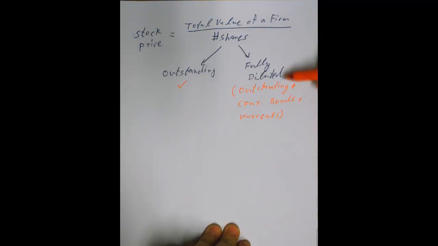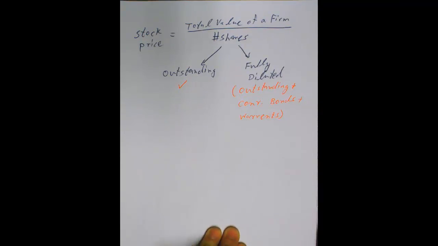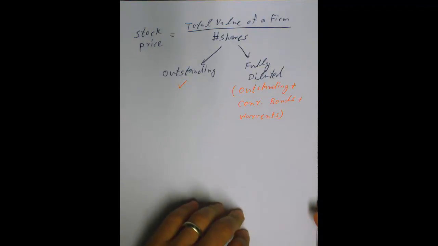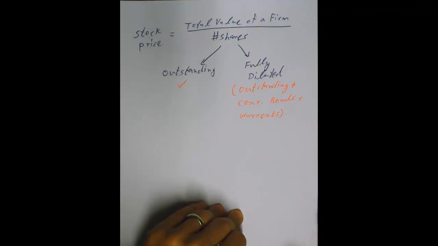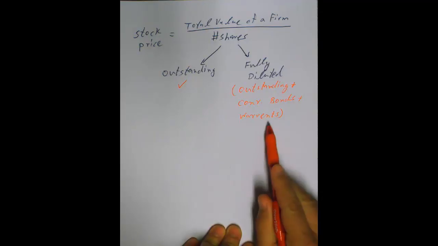Number of shares fully diluted will take one more thing into account, something that is called warrants. Warrants are also stock options. This is the same thing. We'll touch base with it just a little bit once we get to the topic of options. Those are stock options that usually are given as an incentive to employees.